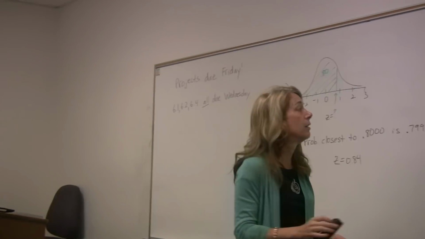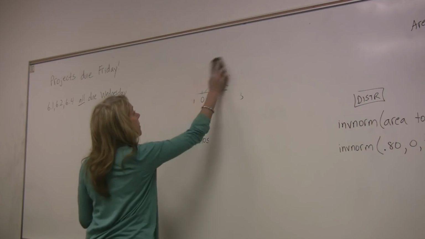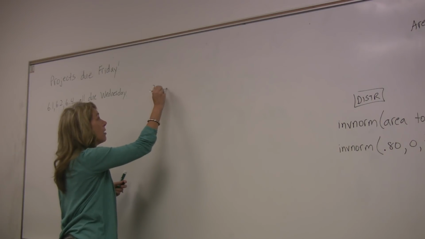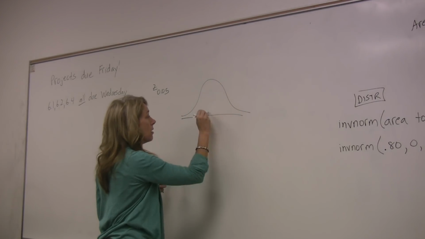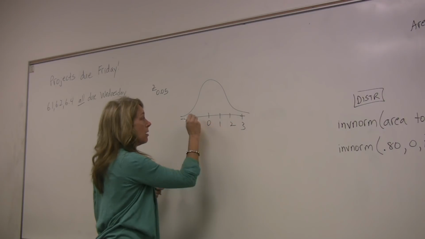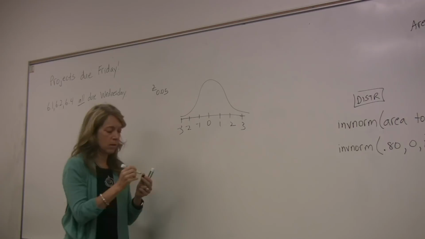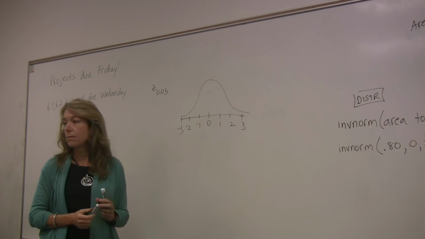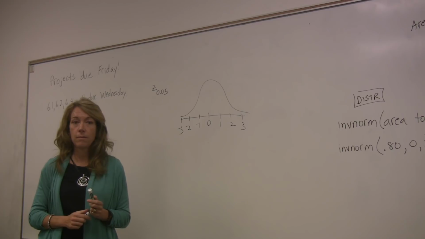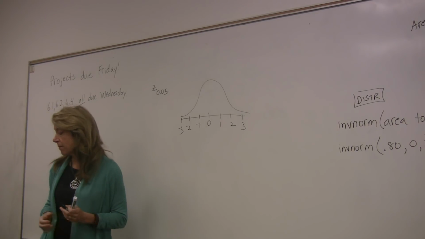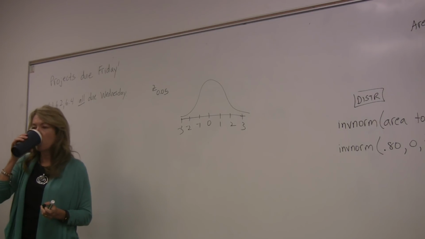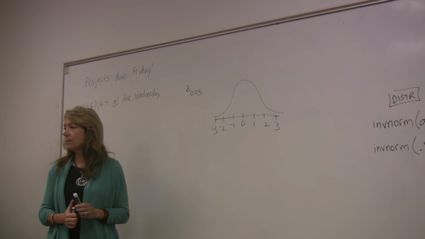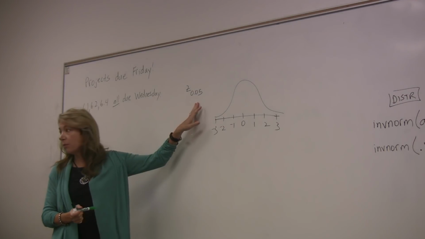Z of 0.05. First off, what does this mean? Z of 0.05 in words.